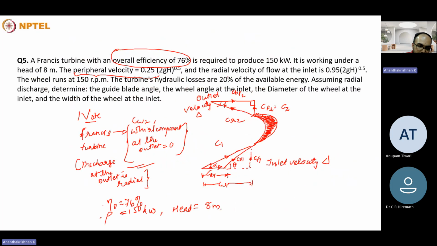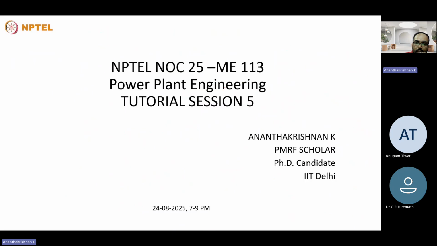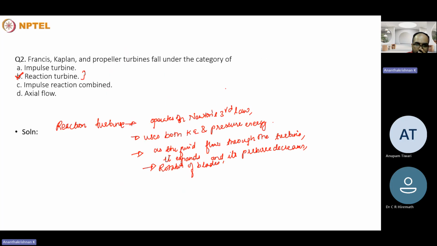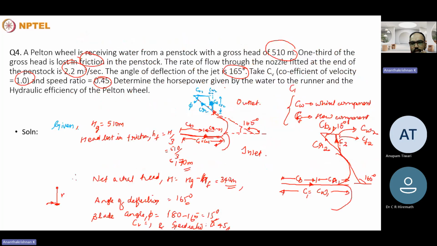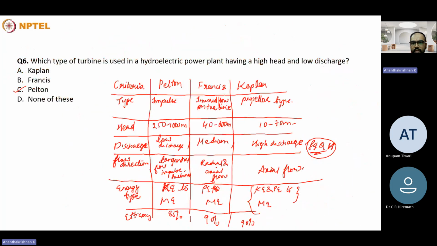So that completes the set of problems that I have for today. We have seen a few multiple choice questions and numericals based on hydropower plants and hydroturbines: how the power plant works, which are the main turbines that are available, dimensionless parameters, how to solve problems for impulse and reaction turbines using standard velocity triangles, the general classification of the turbines and in which cases they are used.